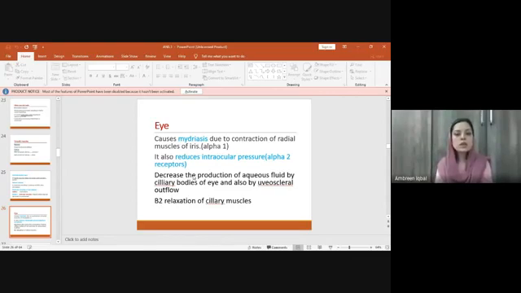If the case is due to increased synthesis of aqueous fluid, we may use adrenergic drugs to decrease the production of aqueous humor by the ciliary body of the eye and also by uveoscleral outflow. There are beta 2 receptors present on the ciliary muscles which promote relaxation of the ciliary muscles.